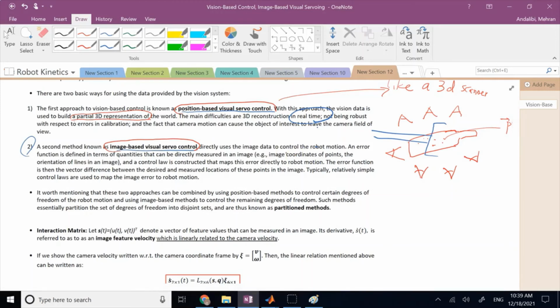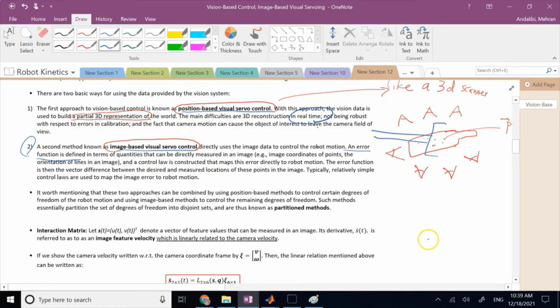Okay, so we try to then form an error function. Error function is what? It is the desired location of those feature points minus the current location of those feature points.